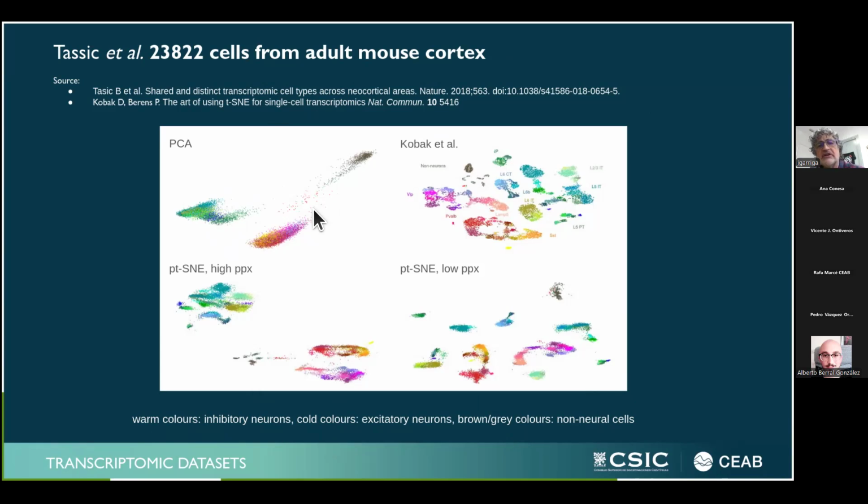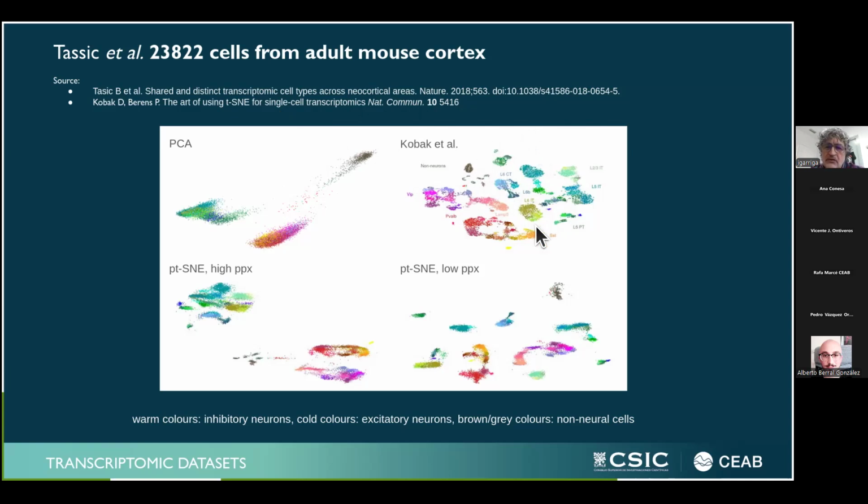If we perform a visualization with the first two principal components, we see that these three groups can be clearly separated. Then Kobak et al., in the paper The Art of Using t-SNE for Single-Cell Transcriptomics, published in Nature Communications, which probably most of you have read, show how to fine-tune the t-SNE so that they achieve this visualization in which we observe the global structure.